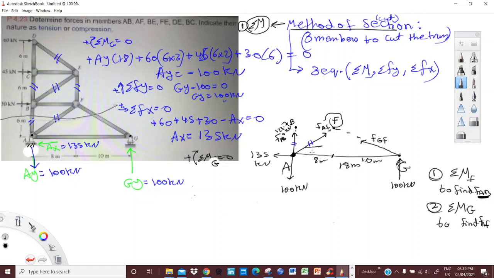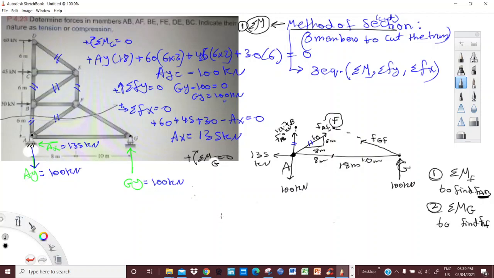You have 8 meter here, and an upward distance of 6 meter. By doing Pythagoras, 8 squared plus 6 squared is going to be equal to 10.